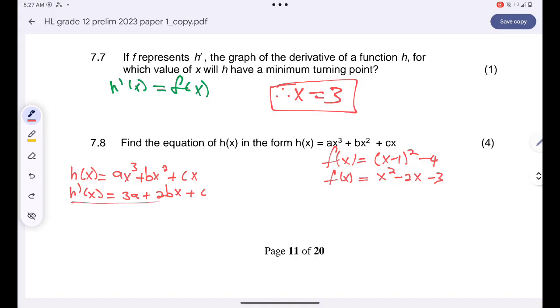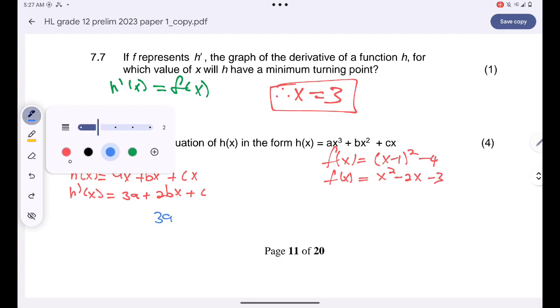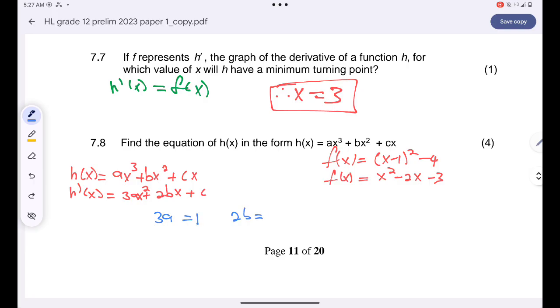Since these two things, guys, are equal, we can therefore conclude that, I forgot to write it over there, it's 3ax squared whenever I find my derivative. So this simply means that 3a will be equal to 1, 2b will be equal to negative 2, and c is equal to negative 3.